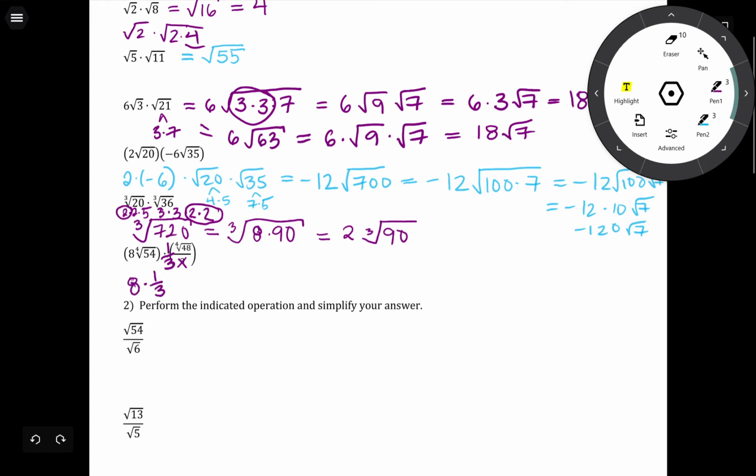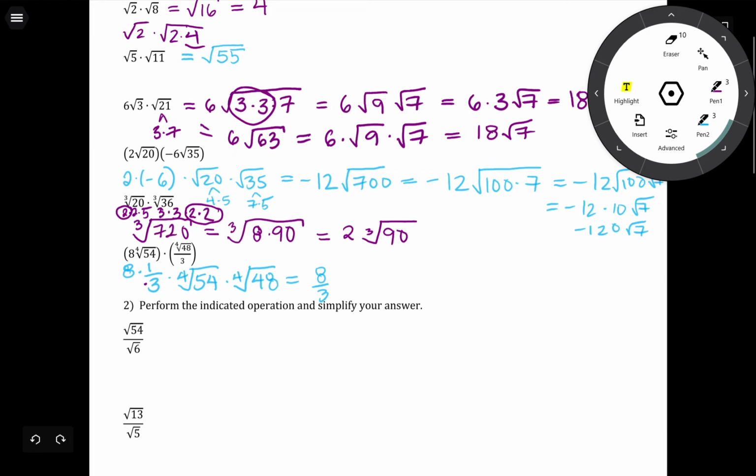Ooh, maybe I'll switch colors here so that you can tell what's going on. 8 times 1/3, I've got pen lag here, times 4th root of 54, times the 4th root of 48. Okay, so 8/3 out in front, that's fine.